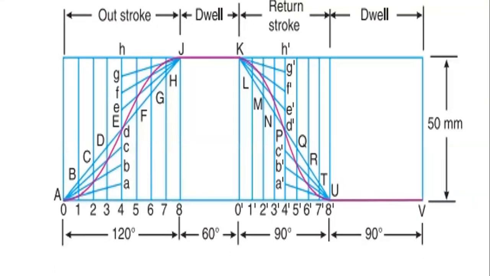In these displacement diagrams, we have four cases: the first is the outstroke, second is the dwell period, third is the return stroke, and fourth is the dwell period.